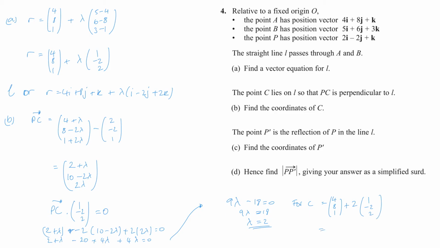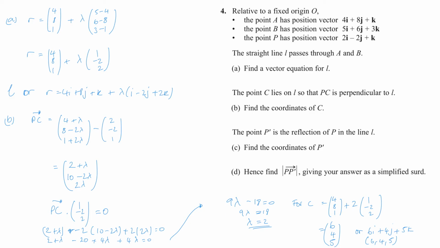So that is 4 plus 2, so 6. 8 minus 4 is 4, and 1 plus 4 is 5. So that's 6i plus 4j plus 5k. The coordinates would be 6, 4, 5. Okay, and that's it for part B.